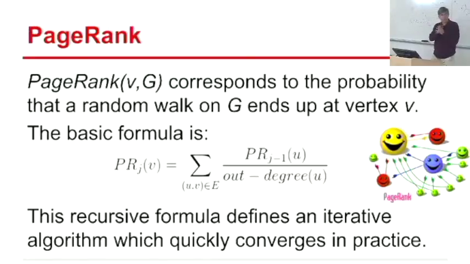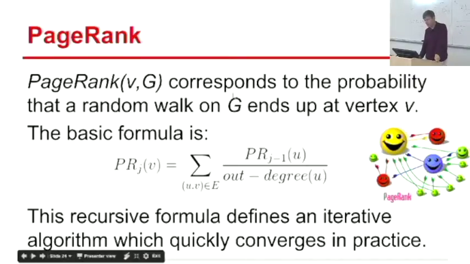But the one graph algorithm that I did want to talk about today was PageRank. I know we talked about it a little bit earlier when we discussed ranking scores and rankings. This is a famous data science graph algorithm.